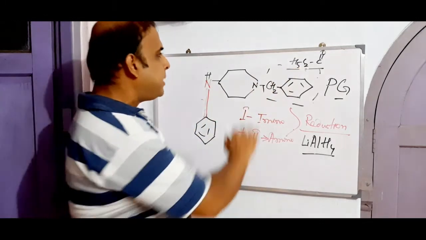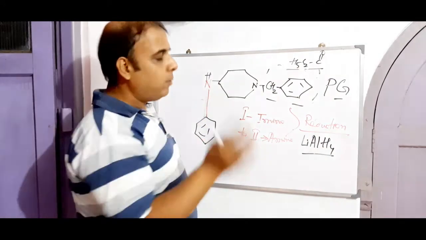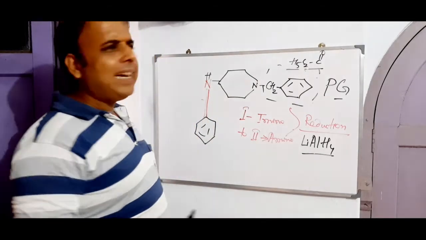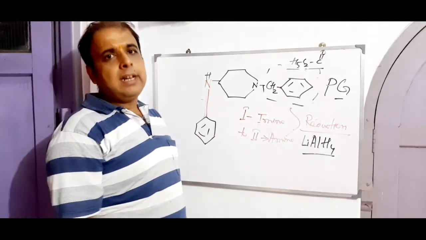So that means we need to acylate the nitrogen. And we all know that for the purpose of acylation or acetylation, we take the help of an anhydride.